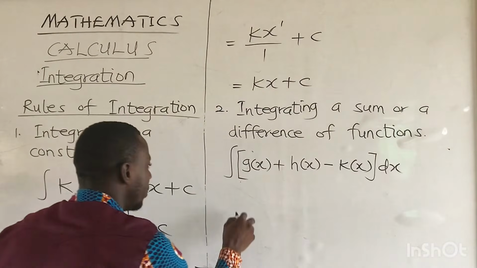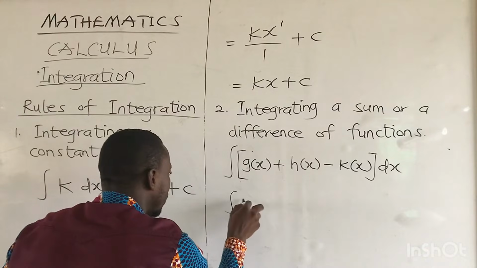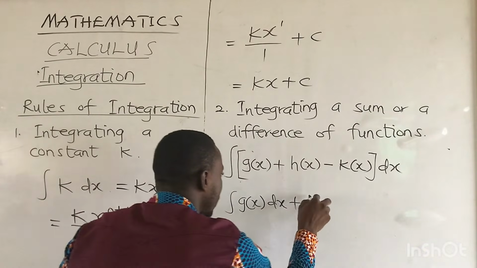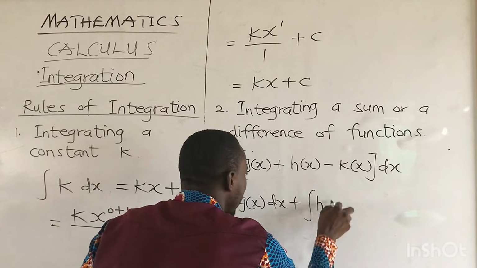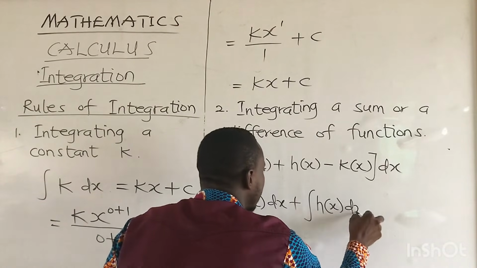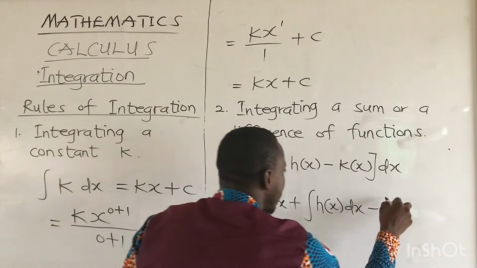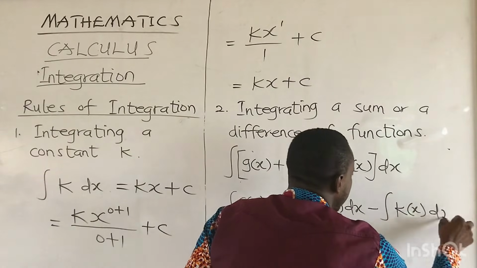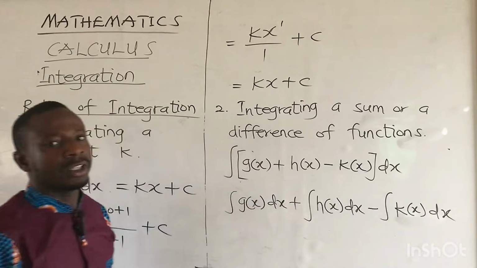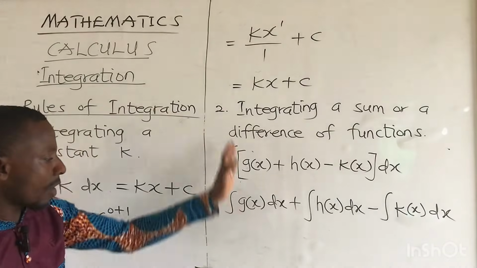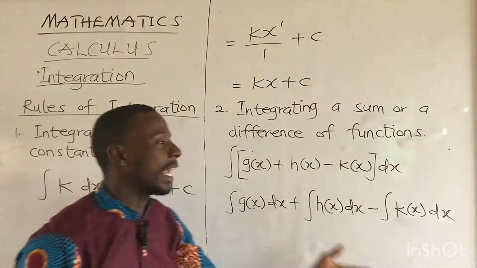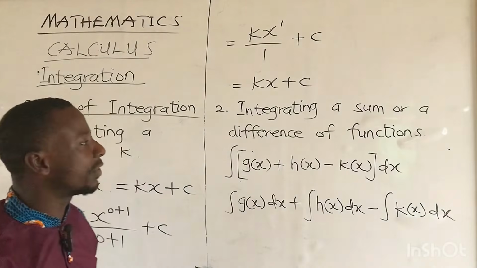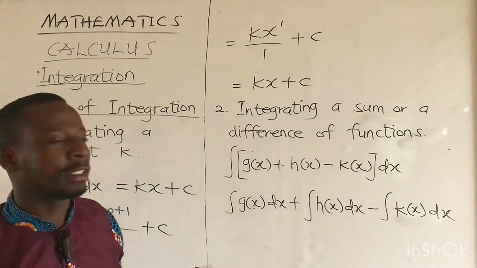So here we are going to get the integral of g of x dx plus the integral of h of x dx minus the integral of k of x dx. So we are going to integrate them one after the other. And this is the general rule when you are integrating a sum or difference.